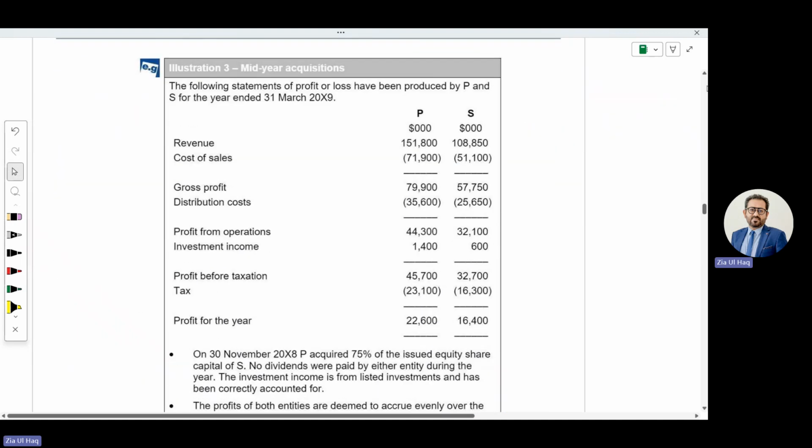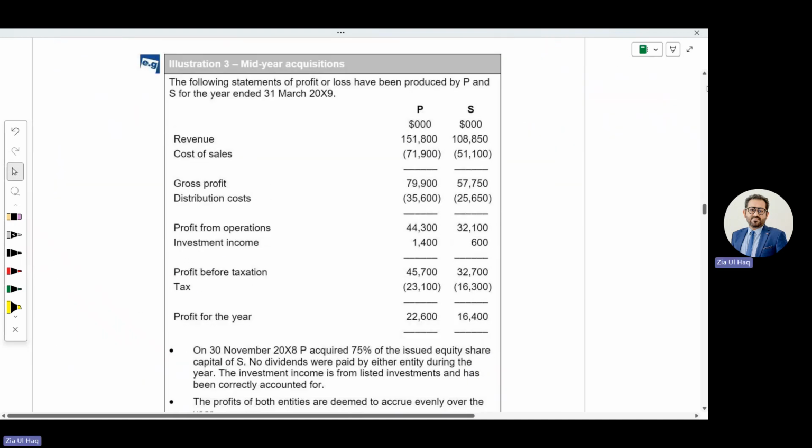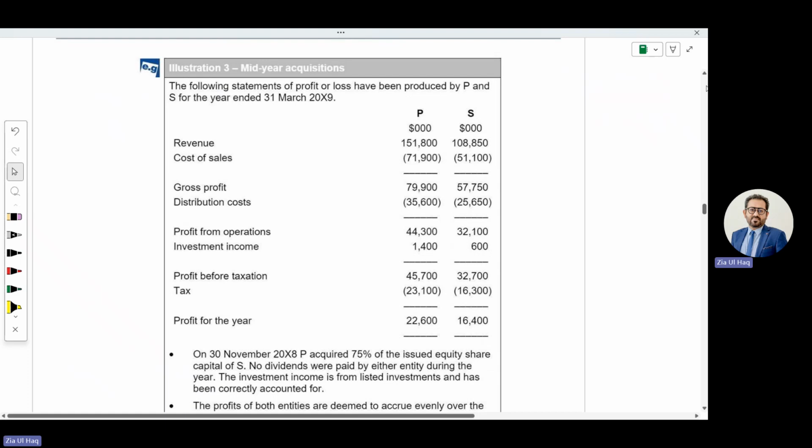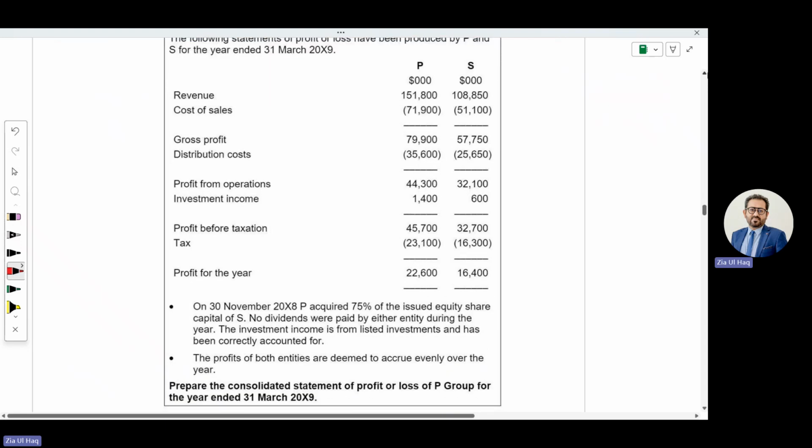How? Like this, see. The following statements of profit or loss have been produced by the parent and subsidiary for the year ended 31st March 20x9. 31st March is the year end. Revenue, cost of sales, gross profit, distribution costs, profit from operations, investment income, profit before taxation, tax, profit for the year.